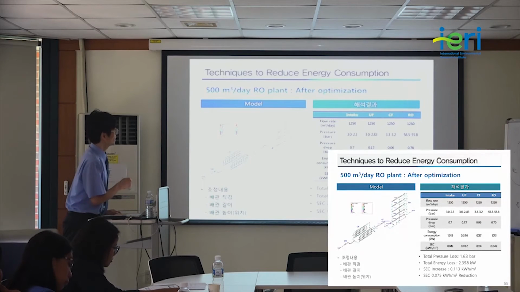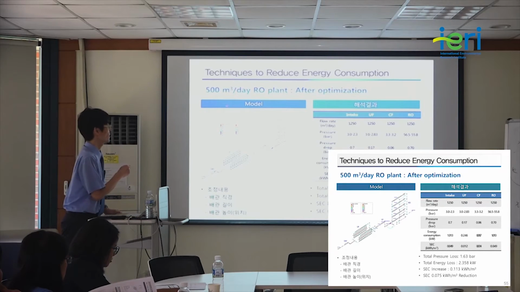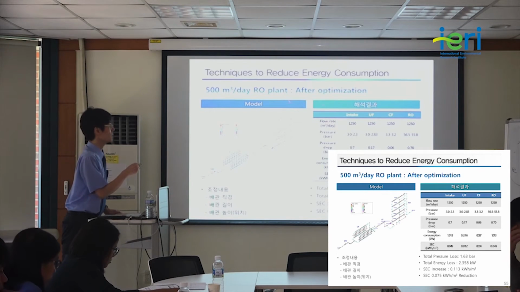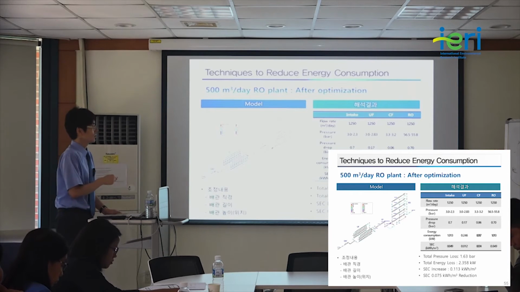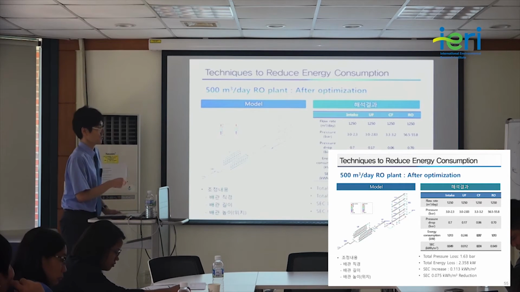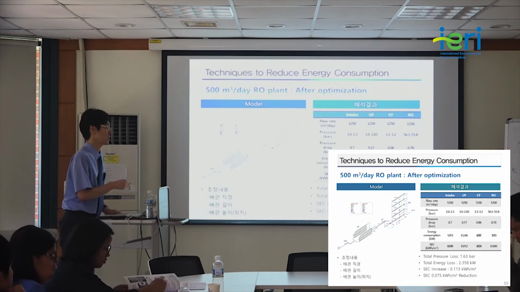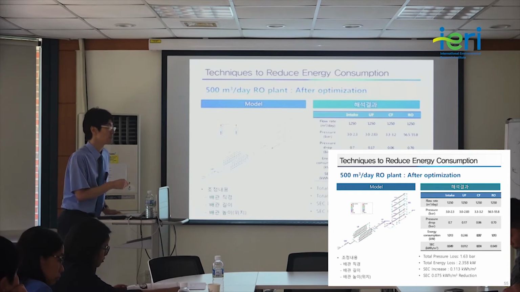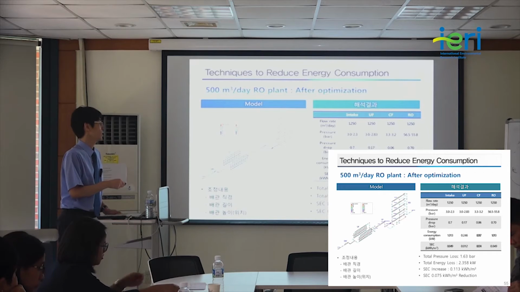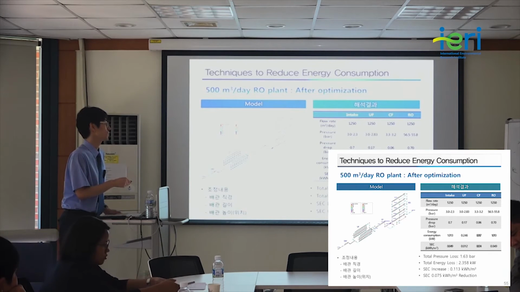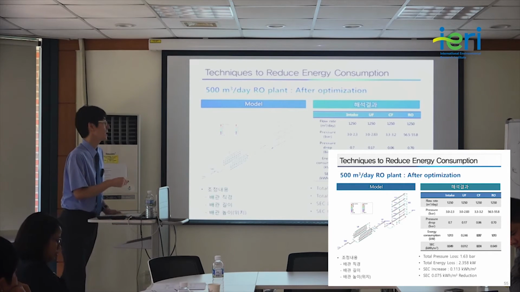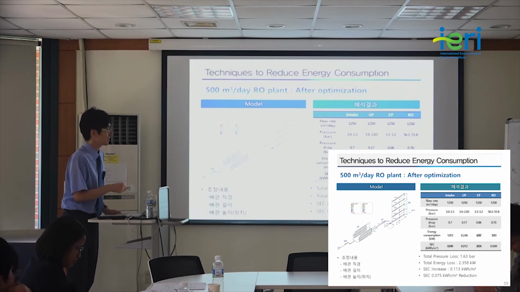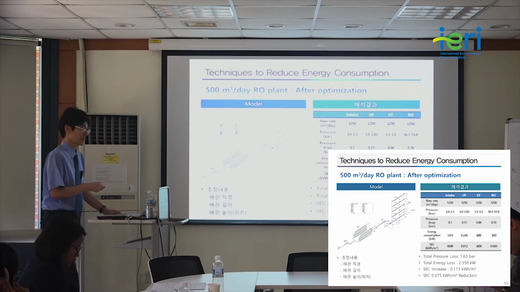In this simulation, with the same plant, by changing the pipe size, pipe length, or pipe location, and by doing this kind of optimization, the result changed. Previously we had a total pressure loss of 2.7 bar, but in this case we can reduce it to 1.63 bar, which corresponds to 0.075 kilowatt hour per cubic meter.